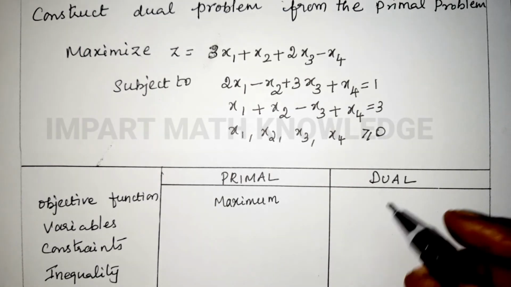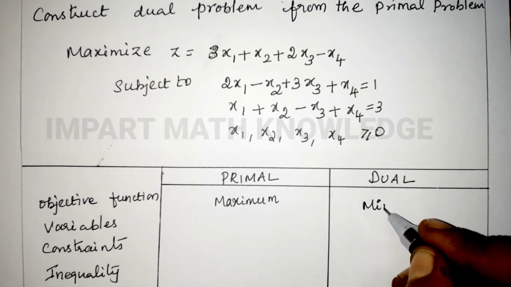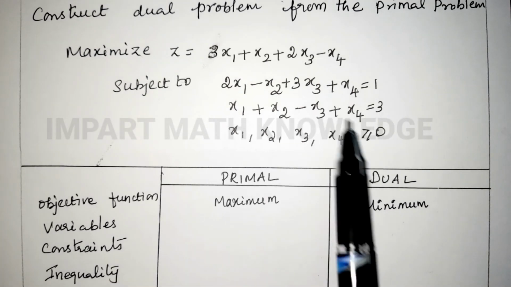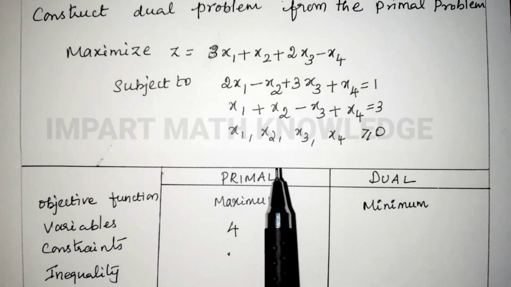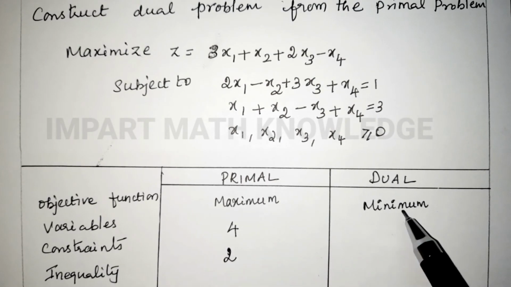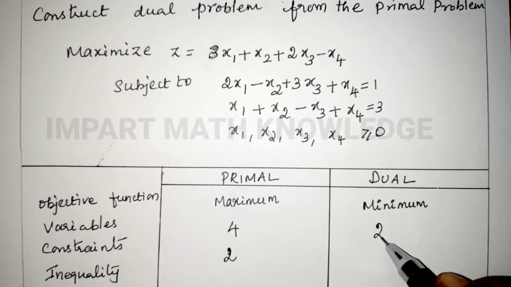Primal problem is maximum, so dual problem is automatically minimum. Variables in the primal problem are 4. The number of constraints in the primal problem are 2. So, in the dual problem, the variables are 2, the constraints are 4.